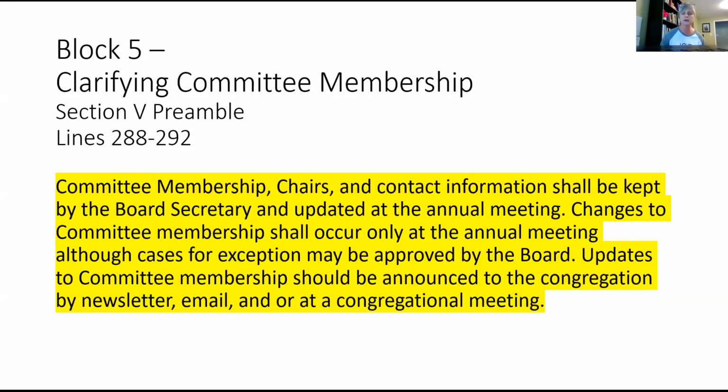And please correct me if I'm wrong, but my memory of what this was generated for was that the membership was not kept by the admin, but communicated through the board. So this would also allow for the secretary to keep documented any changes that happened in mid-year, like we've had this year. Someone might step off or move or something like that.